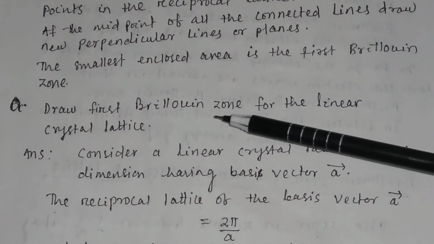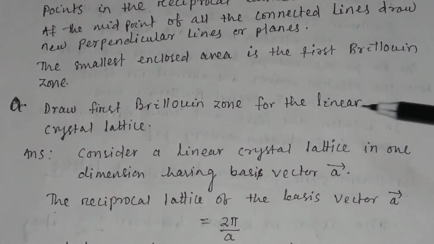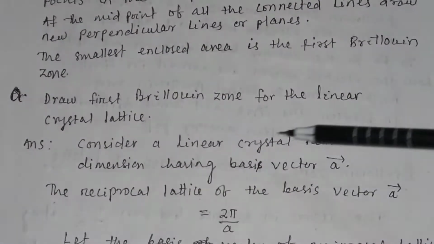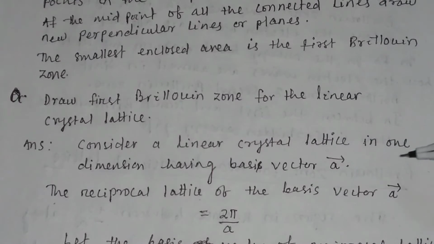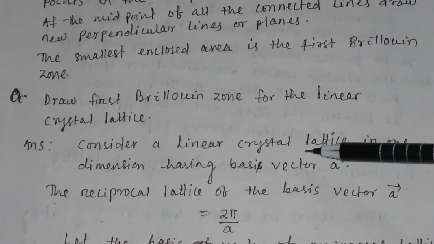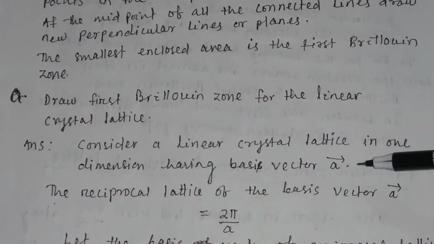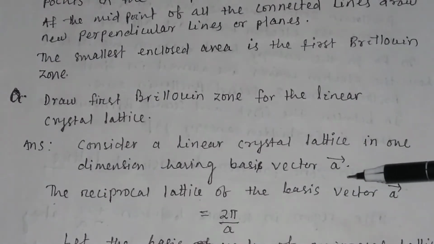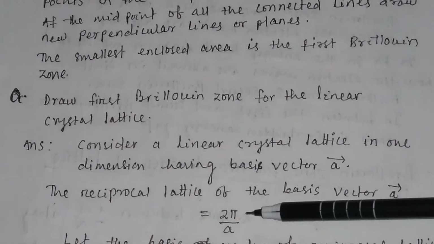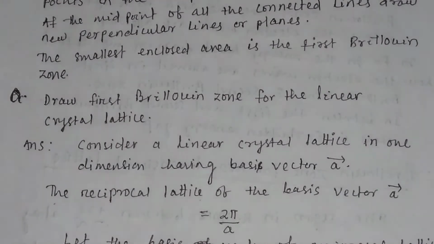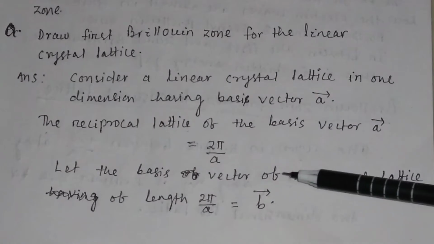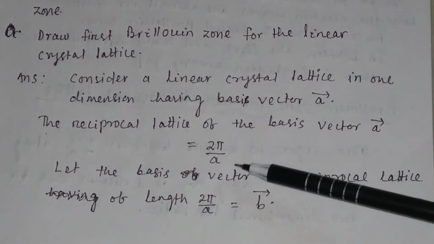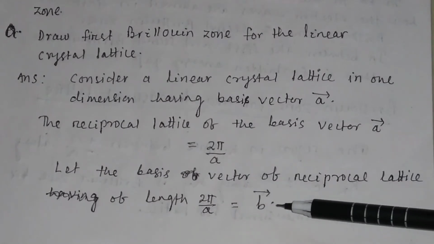Now let us draw the first Brillouin zone for the linear crystal lattice. Consider a linear crystal lattice in 1 dimension having basis vector, let us say A. Then the reciprocal lattice of the basis vector A is equal to 2π/A. Let this basis vector of the reciprocal lattice having length 2π/A be the B vector.